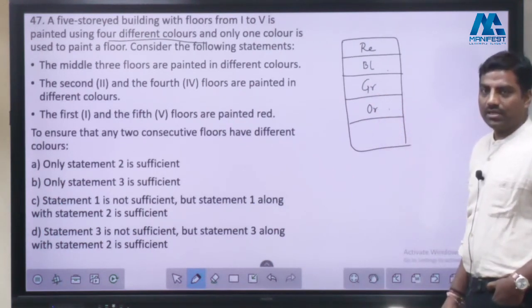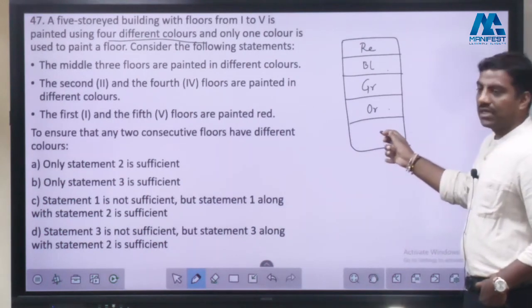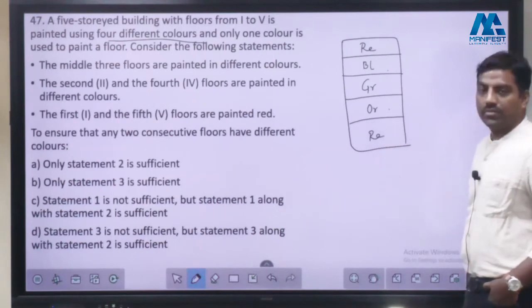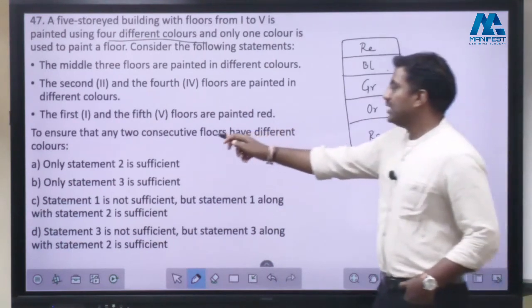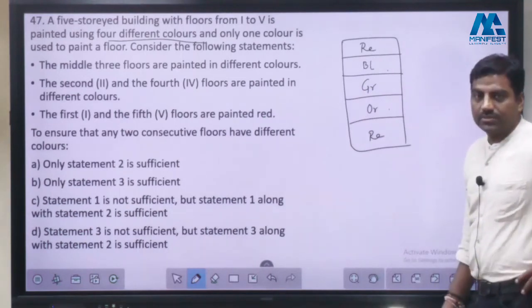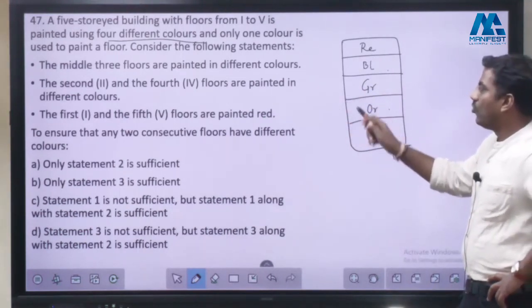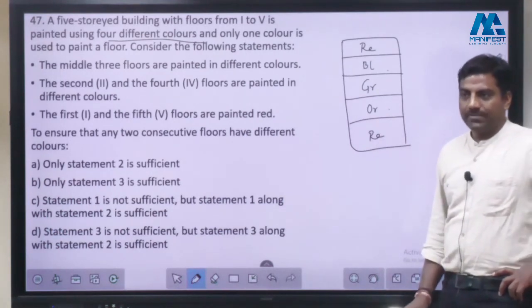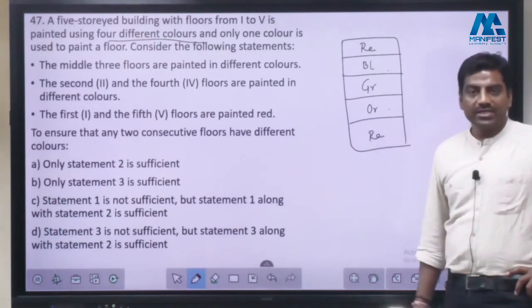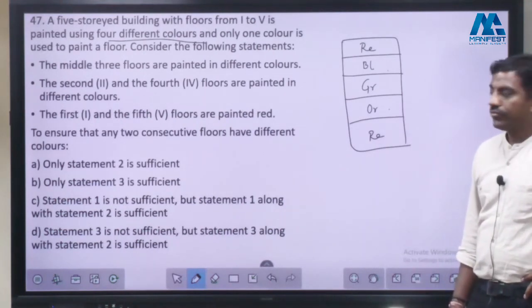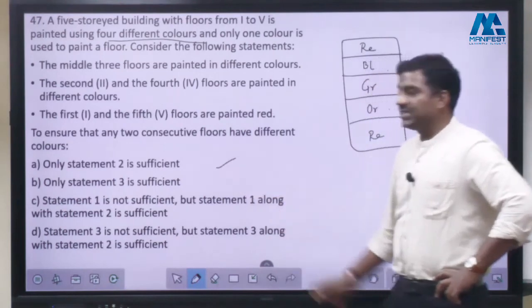And here you put either green or black or red. So I'll put red. So can we ensure that any 2 consecutive floors have different colors? They are telling second and fourth floors are painted in different colors. With that condition, can we meet the condition? Only statement 2 is sufficient?